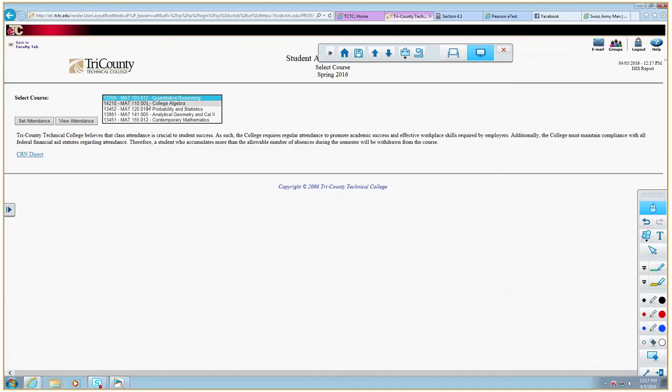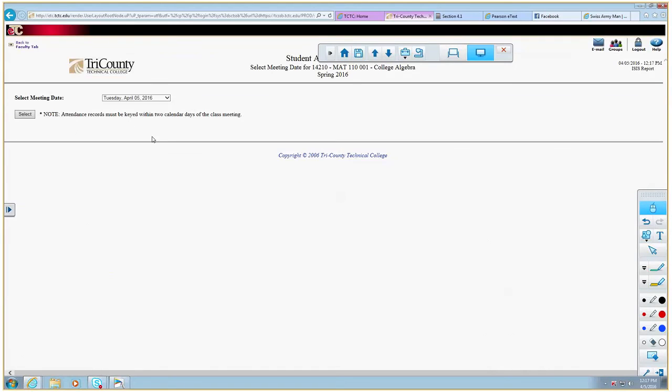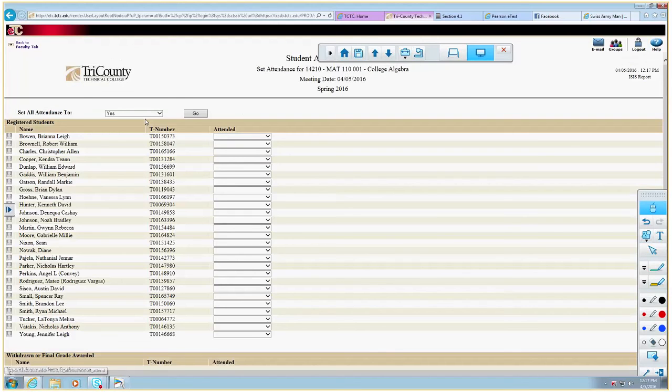110, 110, 110. Bowen. She was here. Okay. Brownell. Charles. Cooper. Dunlap was here. Gaddis. Gadsden. I don't think those people come very often. Gross. Haney. Here. Hunter. Johnson and Johnson.